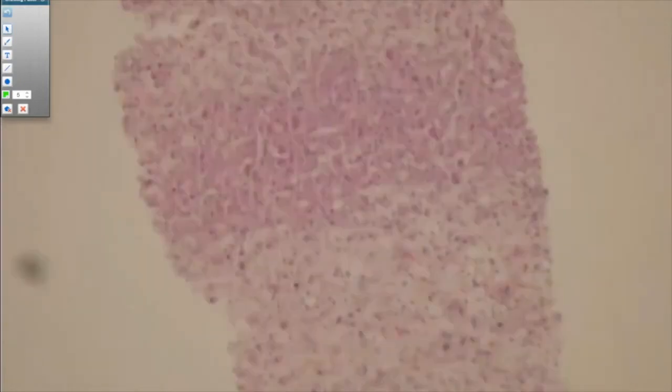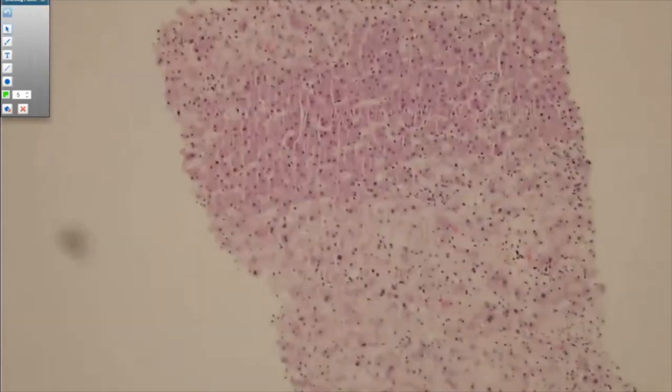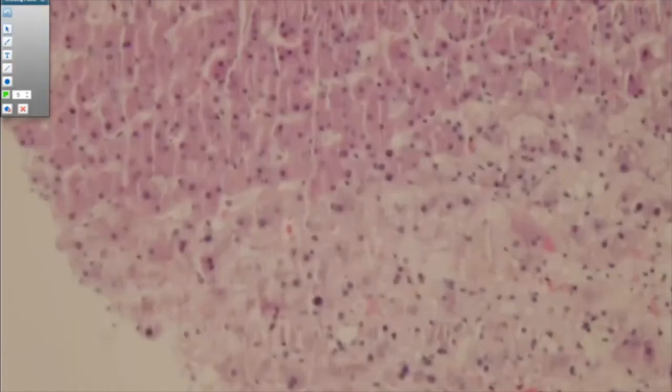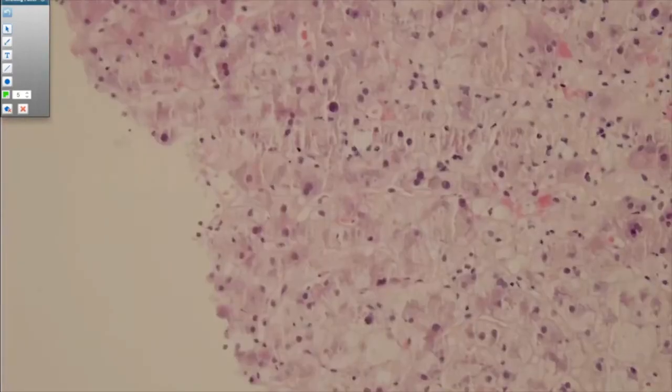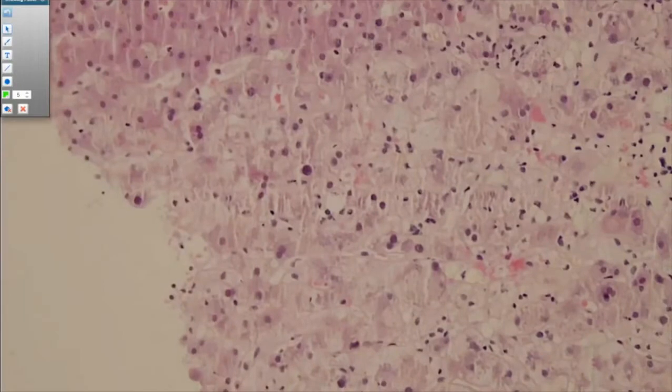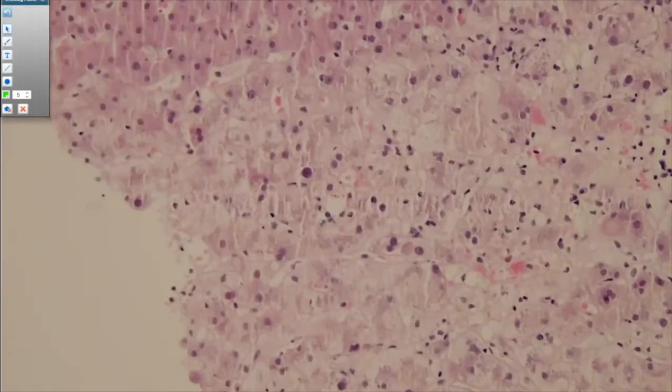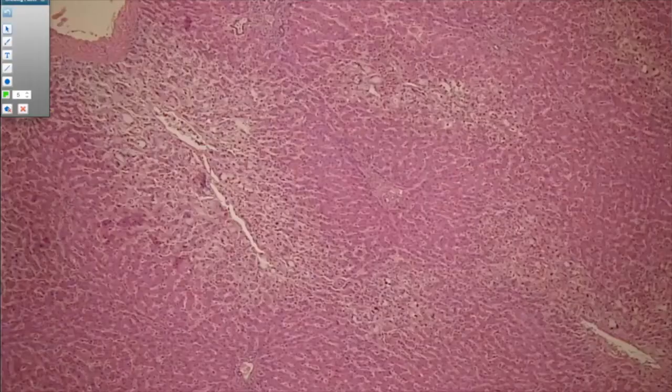So here you can see healthy hepatocytes. Here is zone 3. Zone 3 hepatocytes are swollen. Here is the central vein, and you can see cholestasis and some histiocytes. So this is typical for preservation injury. For example, in this case, retransplant was needed.